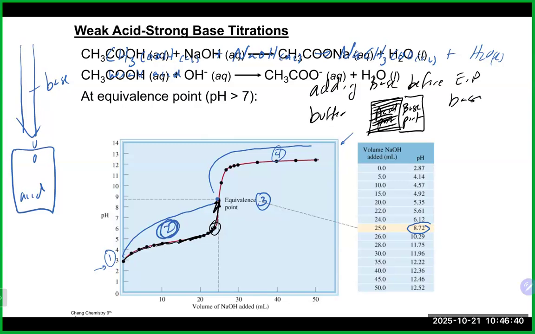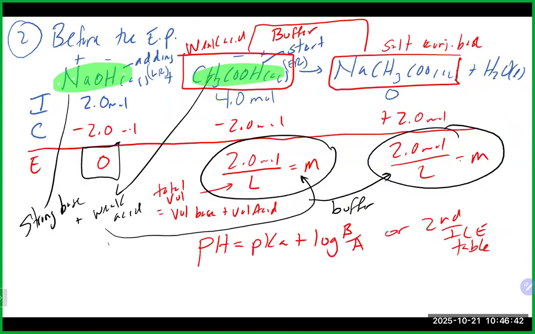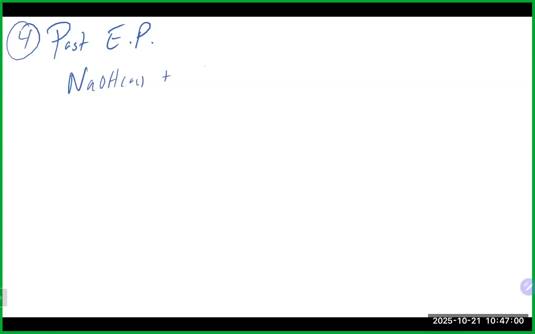All right, so let's take a look at the fourth part, which is it turned pink, didn't stop you. You're going to keep going. So we're going to go past the equivalence point in this case. So again, going past the equivalence point here, we obviously are going to get a reaction between our sodium hydroxide and our acetic acid.